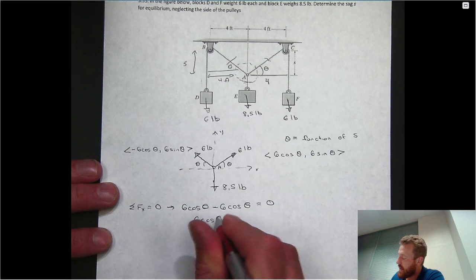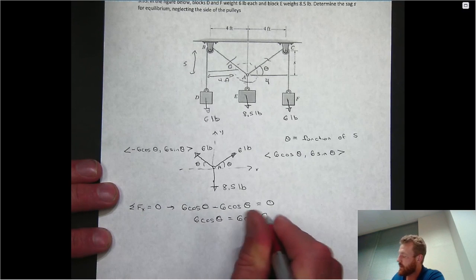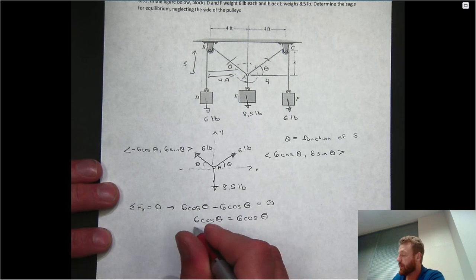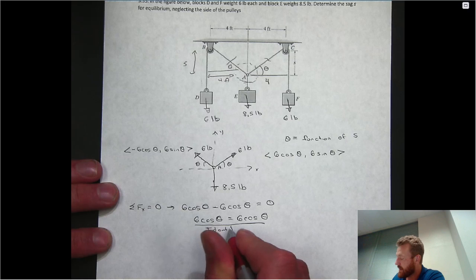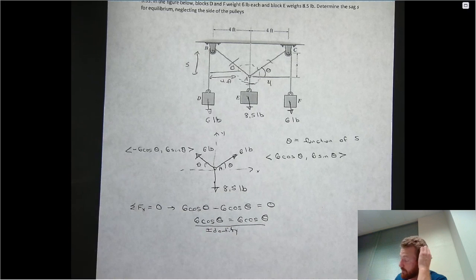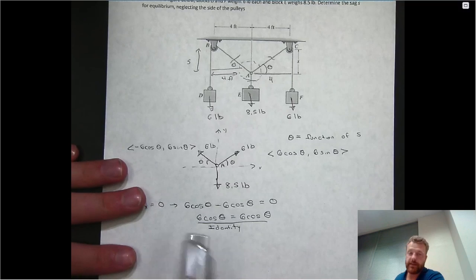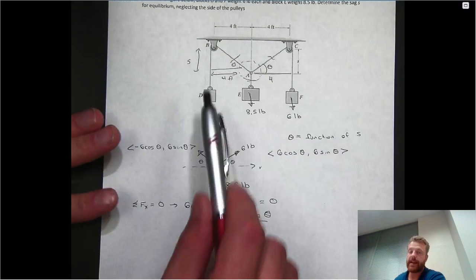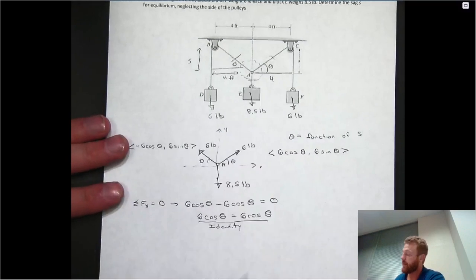And this is just a bunch of fancy math to say that 6 cos theta is 6 cos theta, and that's always true for all theta. This is what's known as an identity. So we're not going to get any useful information from there that's going to allow us to solve for theta. This just says for any theta, this must be true. Regardless of how far it's sagged, the pull to the right must equal the pull to the left.